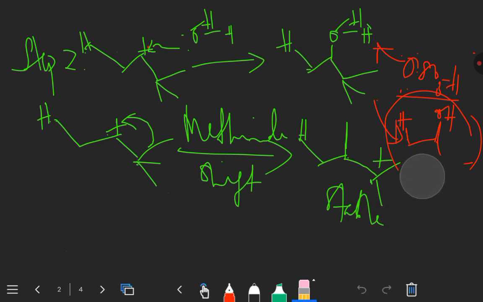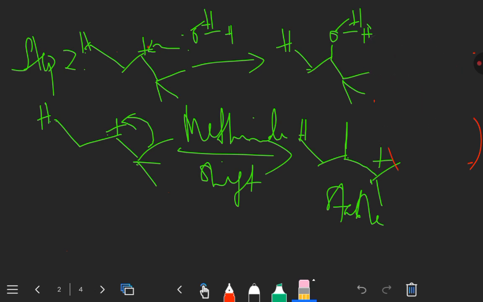Okay, so now we can use the second one. So this forms unstable alcohol.